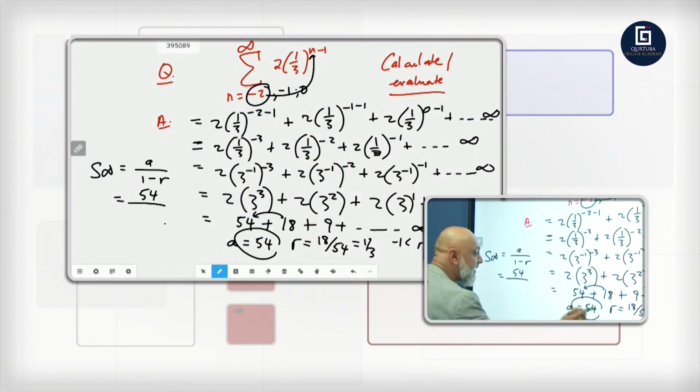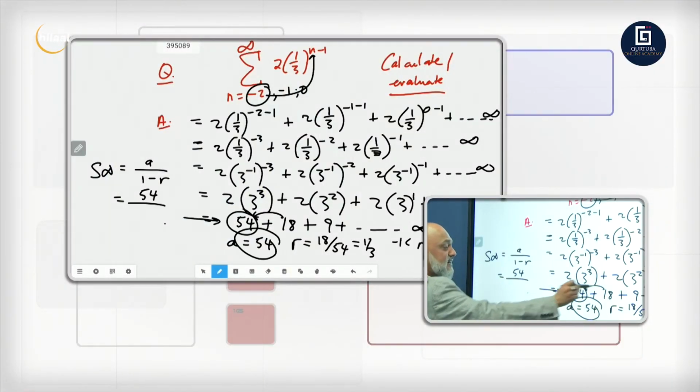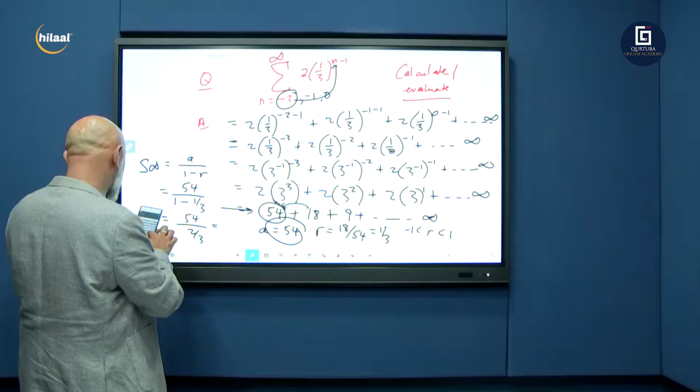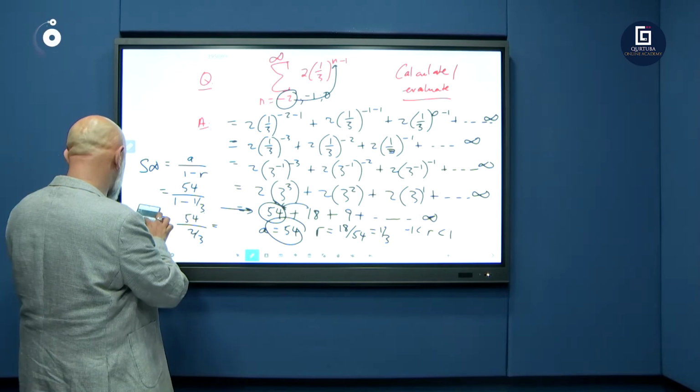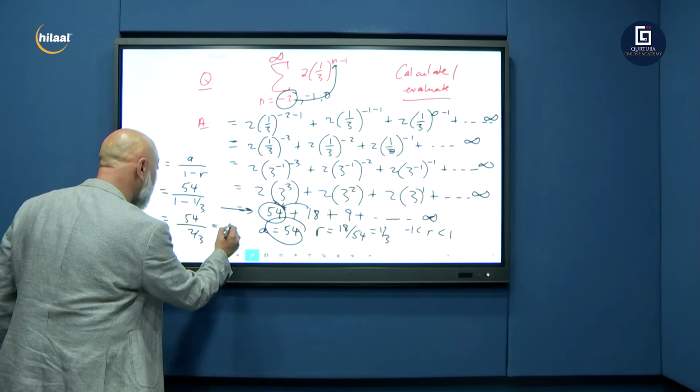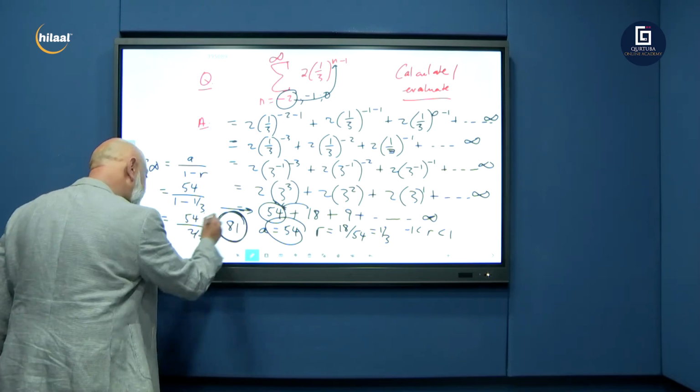That's why we needed to get right down to our series. Over 1 minus R, which is 1 over 3. This is equal to 54 divided by 2 over 3, which you can do on your calculators, and that's 81. Your final answer is 81.